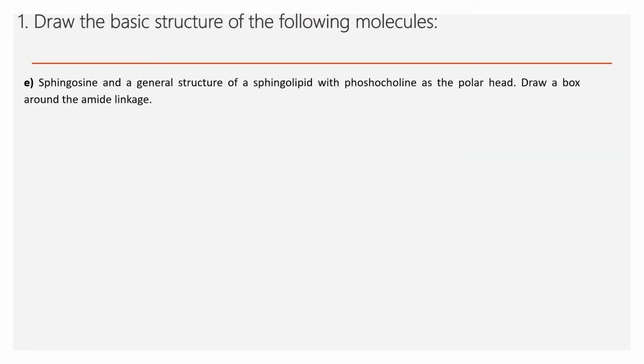Draw the basic structure of the following molecules: 1E, sphingosine, and a general structure of a sphingolipid with phosphocholine as the polar head group. Draw a box around the amide linkage. Okay, so we're going to start with this right here. We have our 3 carbons, then we have our hydroxyl group.